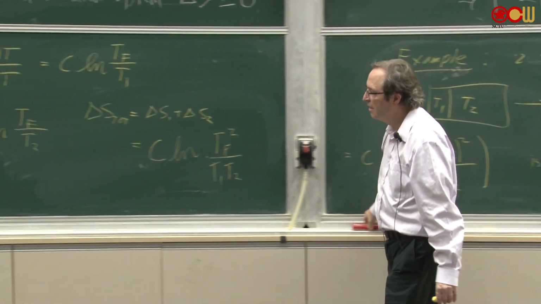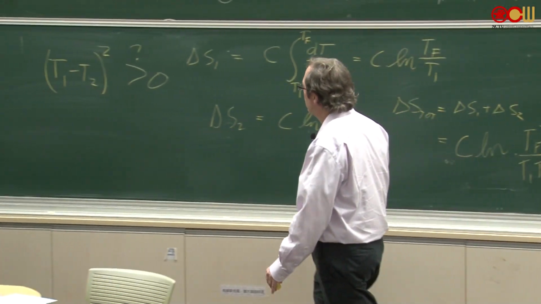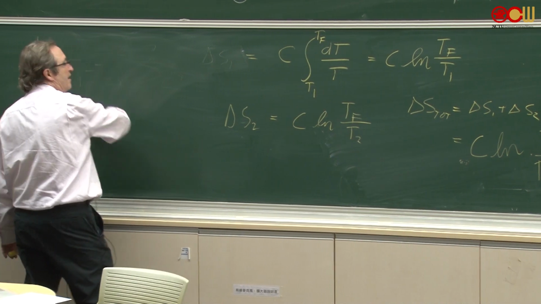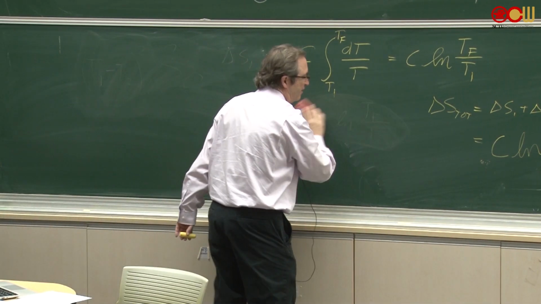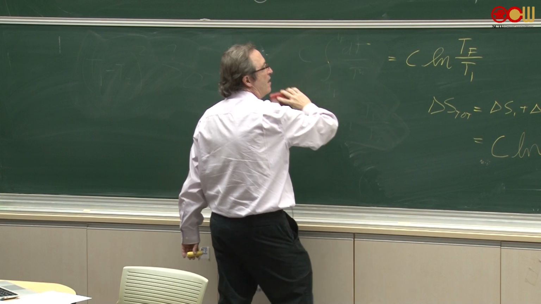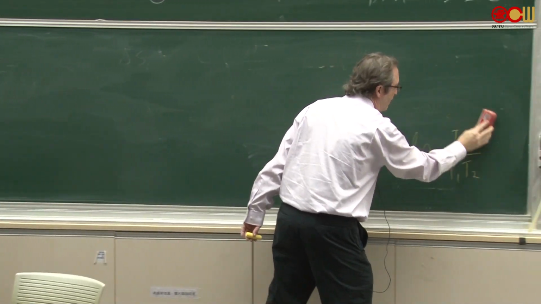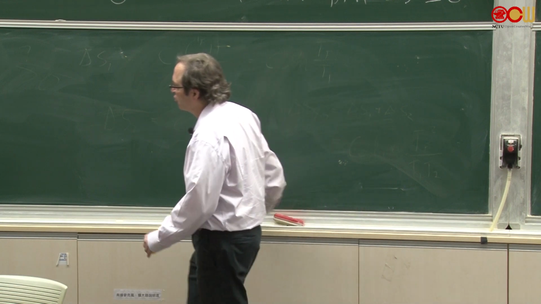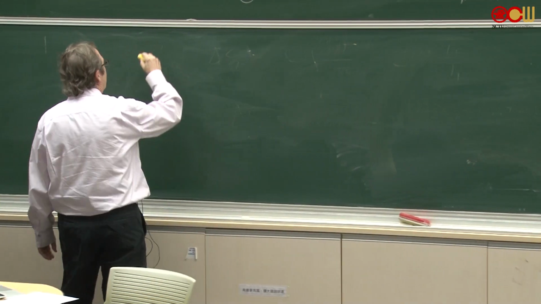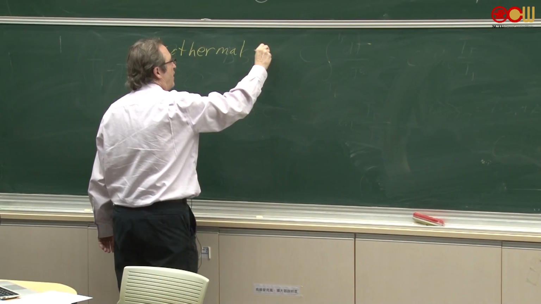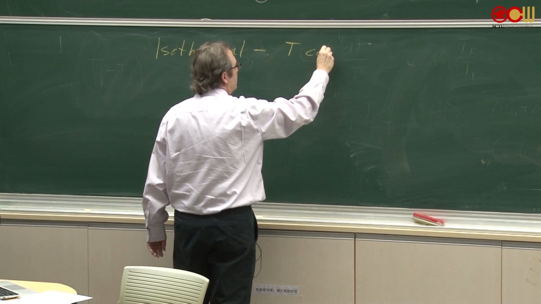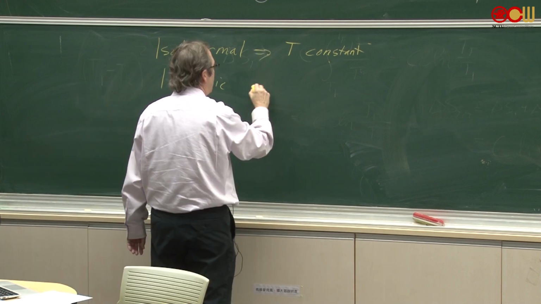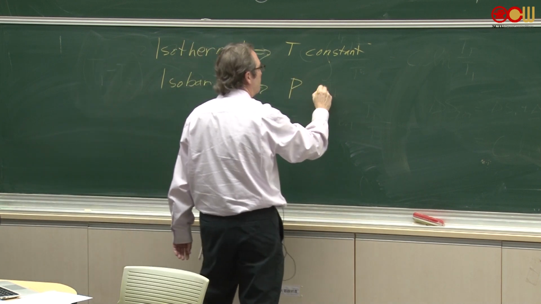The last thing I want to do, you might have to finish reading to get the answer. I don't know if we'll have time. But I'm going to look at different processes. We've already talked about a bunch. So we have isothermal, that means T equals constant. There's isobaric, that means pressure P is constant.